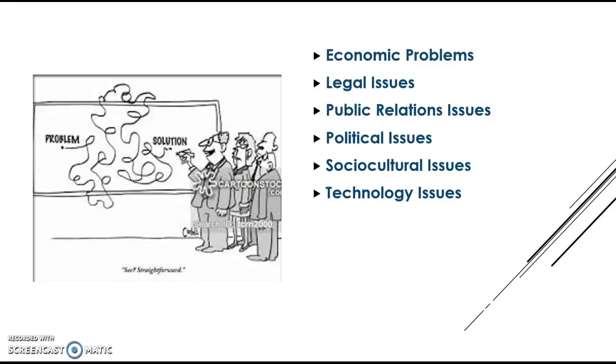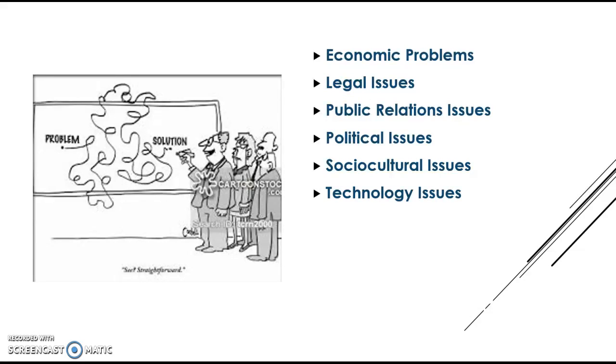Now, these problems are also very complex, and they come from a lot of different sources. We need to think about how a problem becomes relative to each of these areas. From an economic standpoint, how will this impact the bottom line? What will be some financial repercussions? Legally, could we be sued?